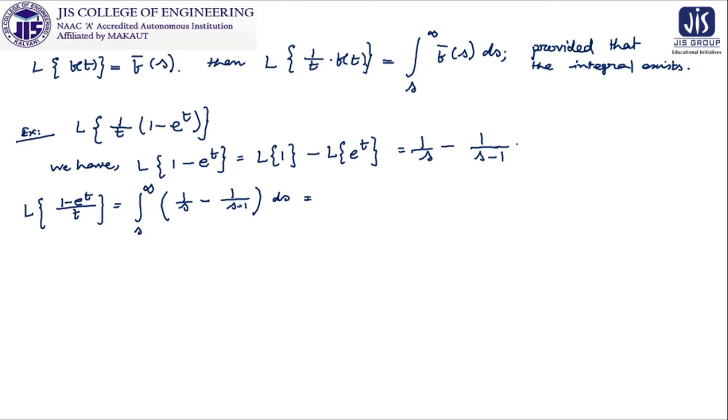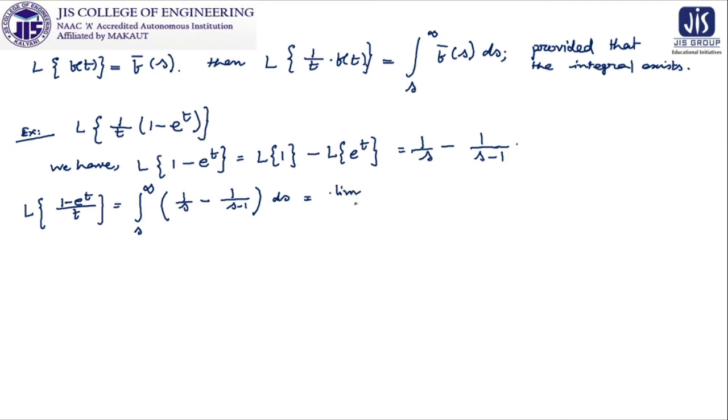If we can find the result of this integration, and if it exists, because as it is an improper integral there is always a question whether it will exist or not, that result will be the desired Laplace transform of 1 minus e to the power t by t. So the only remaining job is to integrate this.